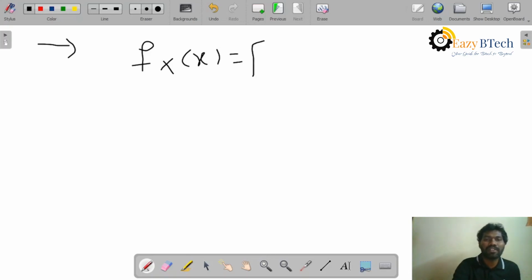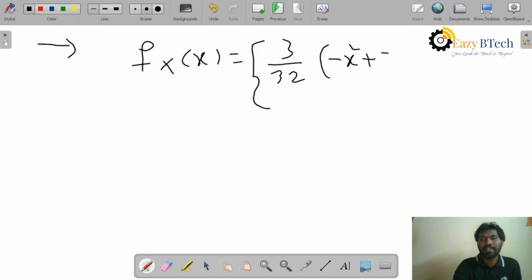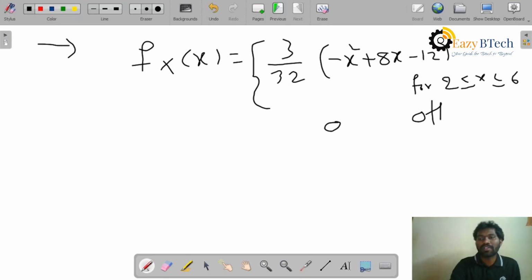The density function is 3 by 32 into minus x square plus 8x minus 12, for 2 less than or equal to x less than or equal to 6, 0 otherwise. So this is the density function they gave you.